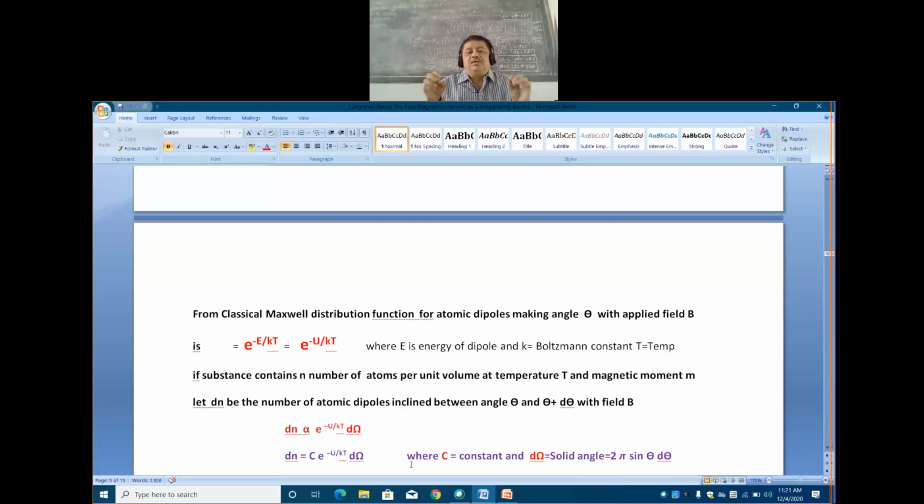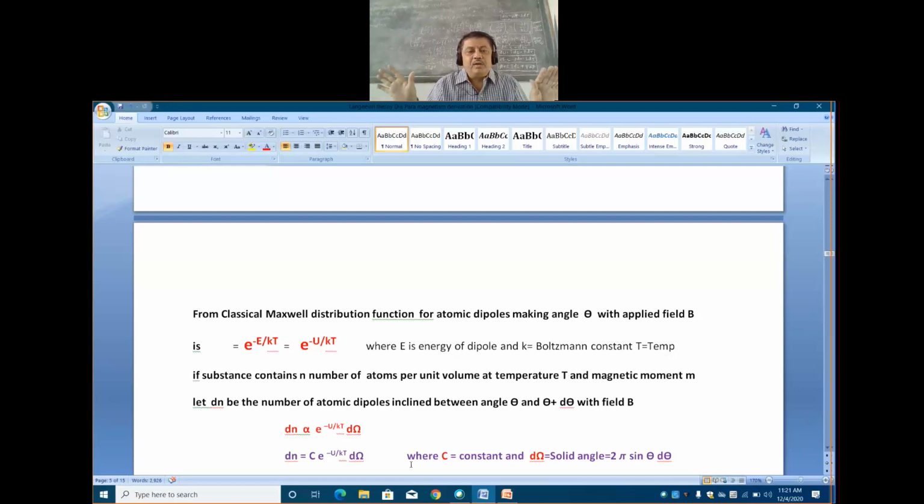Here E is the energy; in this case we are using U, so it is e to the power minus U by kT, where U is the energy of the dipole, k is the Boltzmann constant, and T is the temperature.